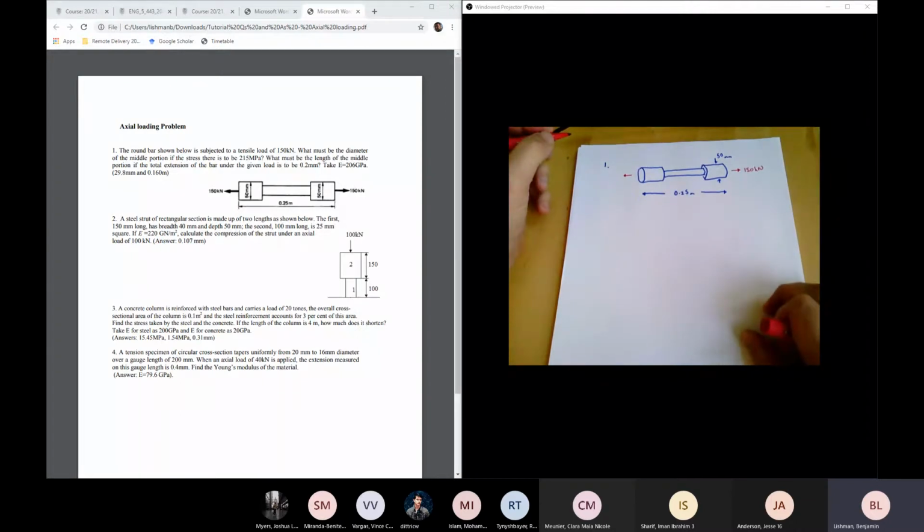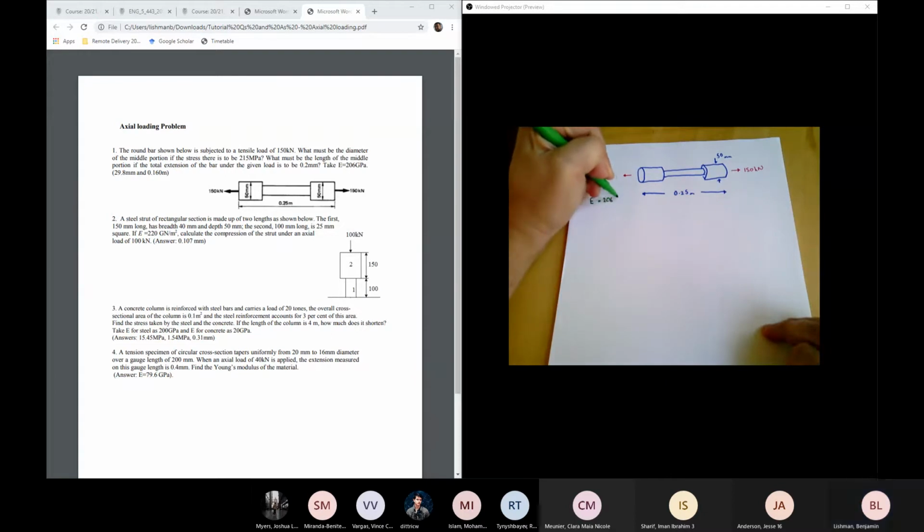And the other information that we want within the question is, first of all, we're told Young's modulus E equals 206 gigapascals.